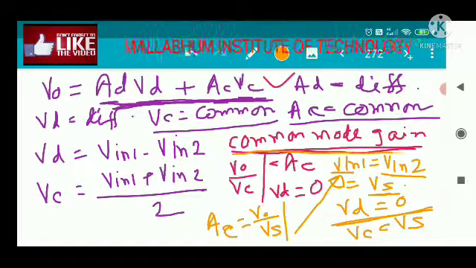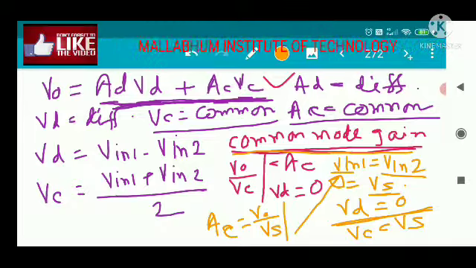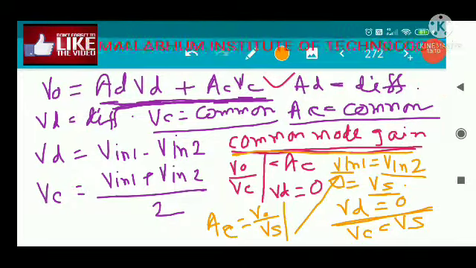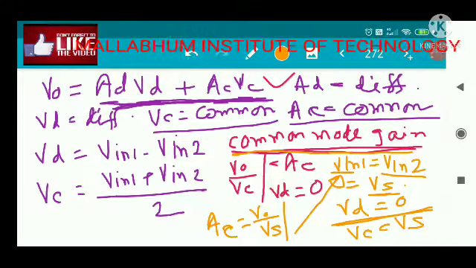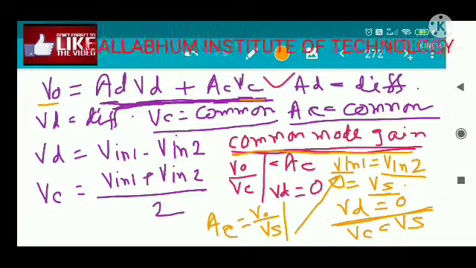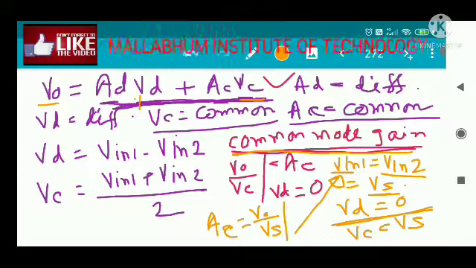Now just concentrate on this equation again. Whenever we are trying to calculate the common mode gain, it is nothing but V0 divided by VC, whenever your VD is equal to 0.